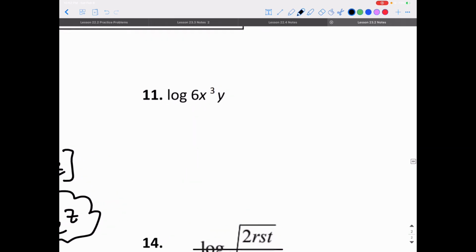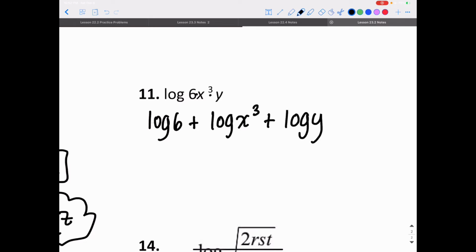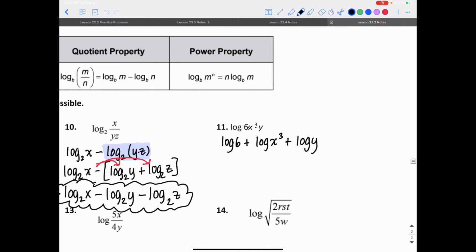For this one here, I have multiplication happening in between all of these things, so I'm going to separate it with addition. I'm going to do log of 6 plus log of x to the third power plus log of y. For expanded form, you cannot have exponents.